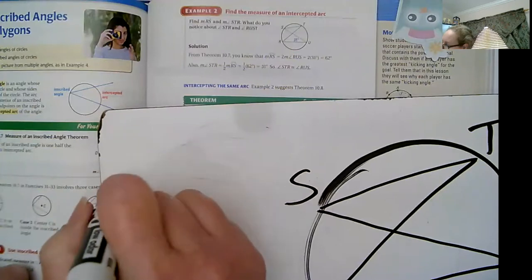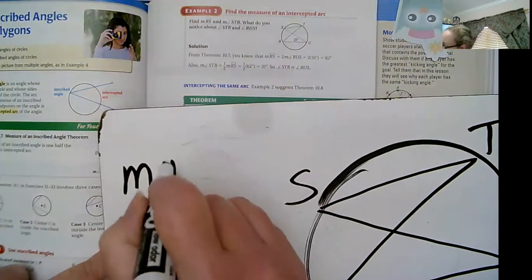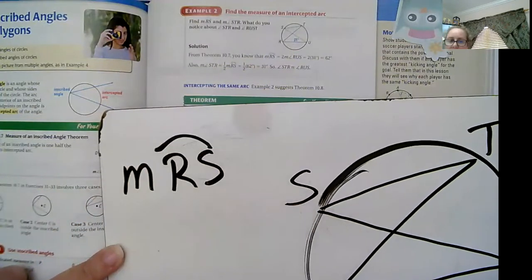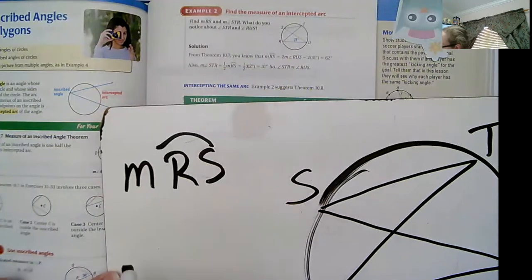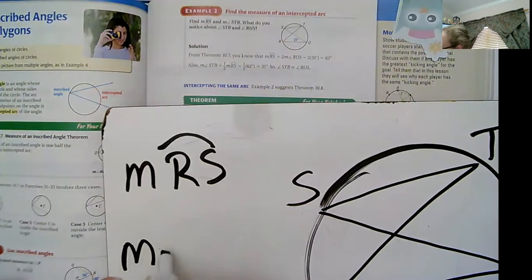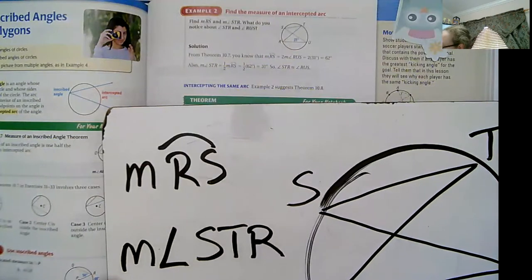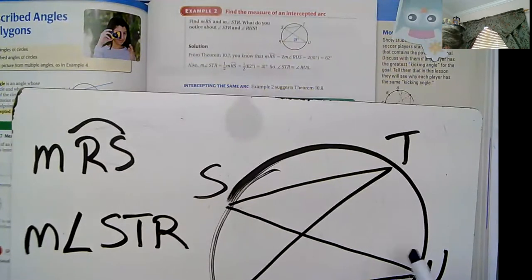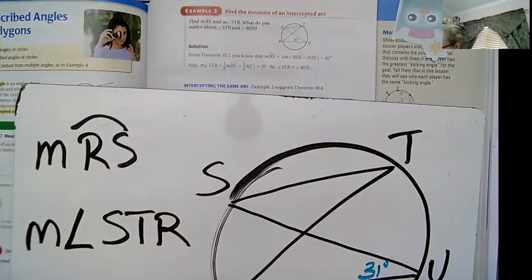The first thing they want us to find is the measure of arc RS, and then to find the measure of angle STR. The piece of information that they give us is that this is 31 degrees. So let's find our first part, the measure of RS.